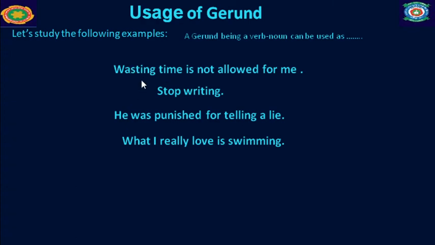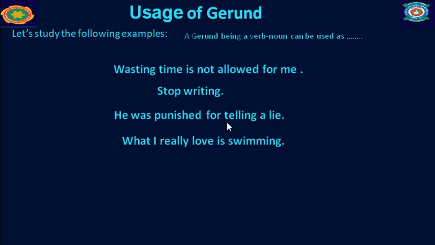"Wasting time is not allowed for me." This is very true for everyone. Here, wasting is a noun. "Stop writing." Here, writing is a gerund, that means it acts as a verb and noun.